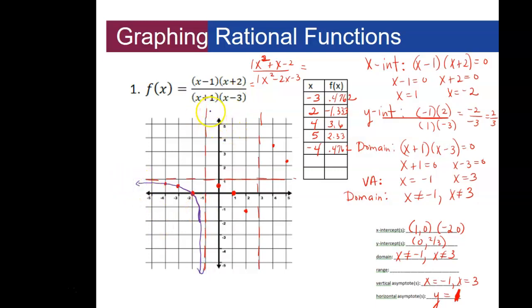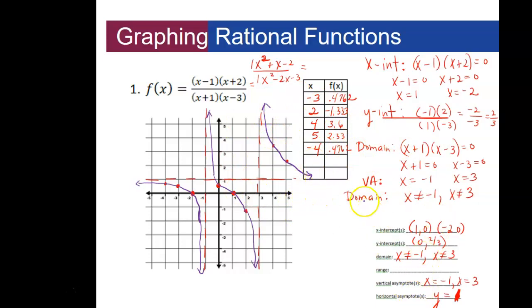Up here, we're going to have a function that looks something like this. It comes down, goes through the points that we've plotted, and then gets closer and closer to the asymptote. And again, your calculator can give you a much better graph, but I do want you to understand where it's coming from instead of just the calculator giving you the graph. So you will be asked to identify these different characteristics here.